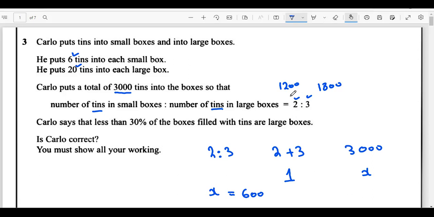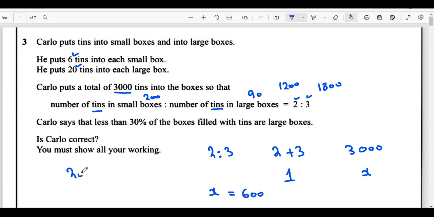So for 1200, just do that now. You can do it now. So 1200 divided by 6 equals 200, and 1800 divided by 20 equals 90. Very well done, you are going in the right direction. So for the small boxes, 200 small boxes are being used and 90 large boxes are being used.